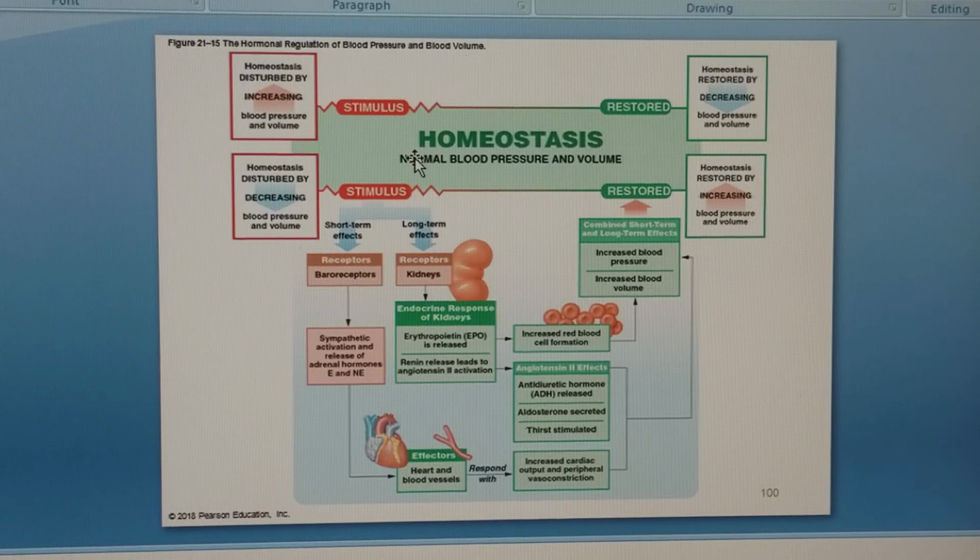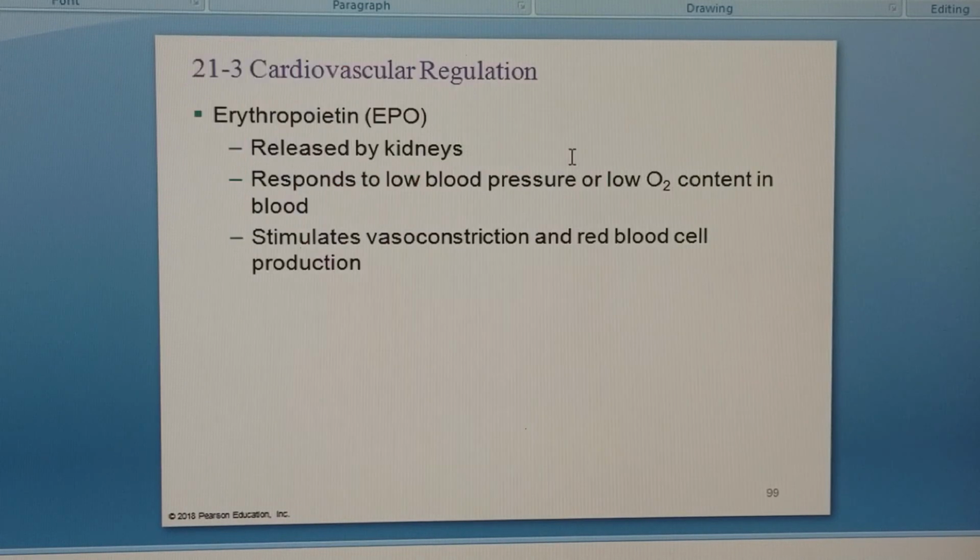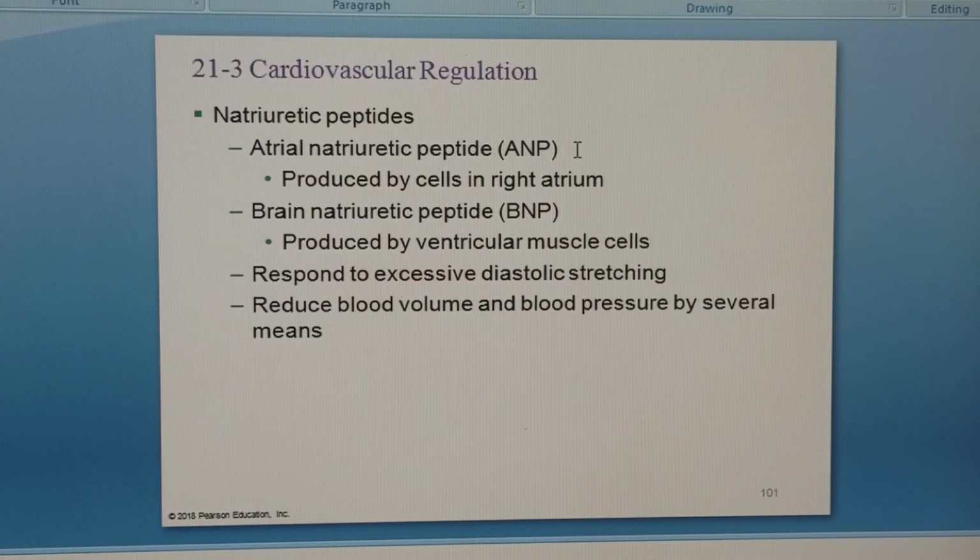I'm going to go through the process, showing you baroreceptors versus kidney, sympathetic, heart and blood vessels versus the hormone release. Basically, this chart is saying what we've already been through. So however you learn best, you can either use the chart, take a look at what we've gone over here, or use your own notes.